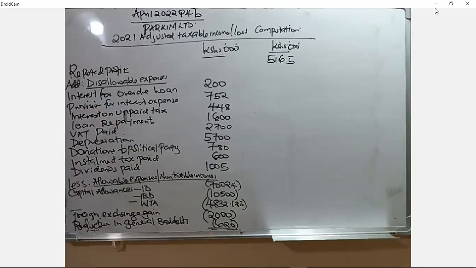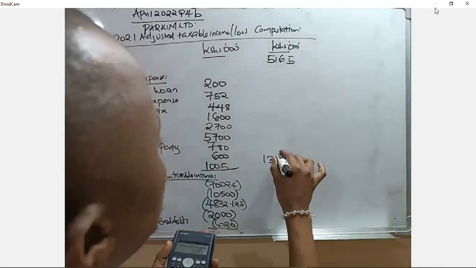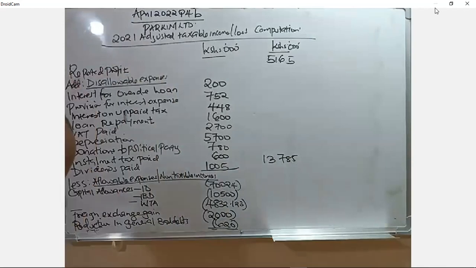Now, let me just finalize. We take the first one: 200 plus 752 plus 448 plus 1600 plus 2700 plus 5700 plus 780 plus 600 plus 1005. This is 13,785. The other one will be 70,024 plus 10,500 plus 4832.123 plus 2,000 plus 620.